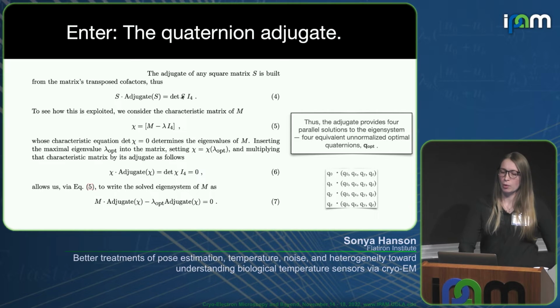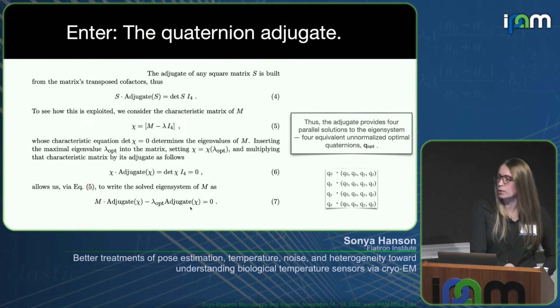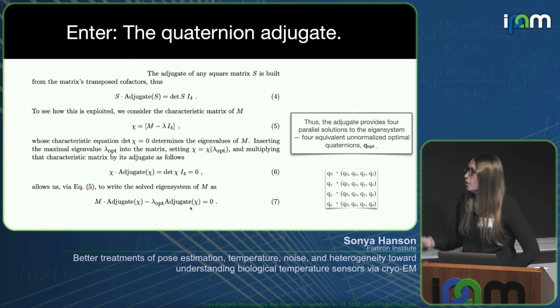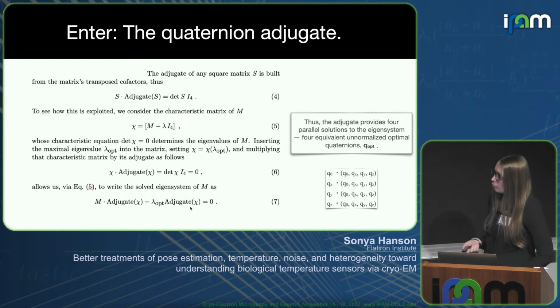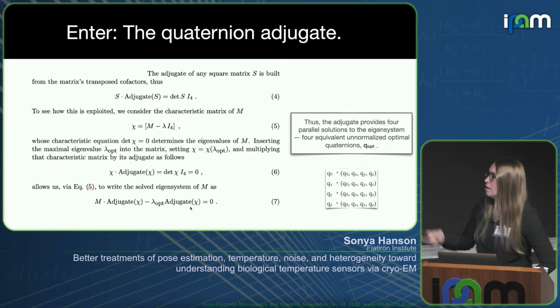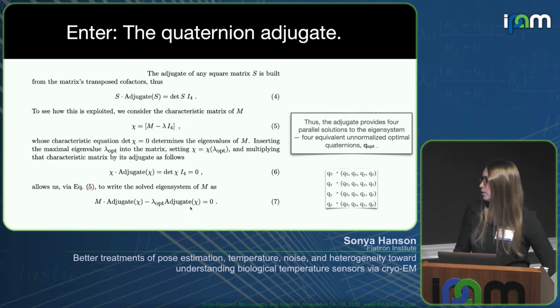It has the convenient property that, when we think about it in terms of the characteristic equation, the adjugate matrix ends up being the eigenvectors for that problem. In this way, the quaternion adjugate ends up being just this unnormalized version of the quaternion, but it still allows us to solve this Horn problem to match these two 3D point clouds together.